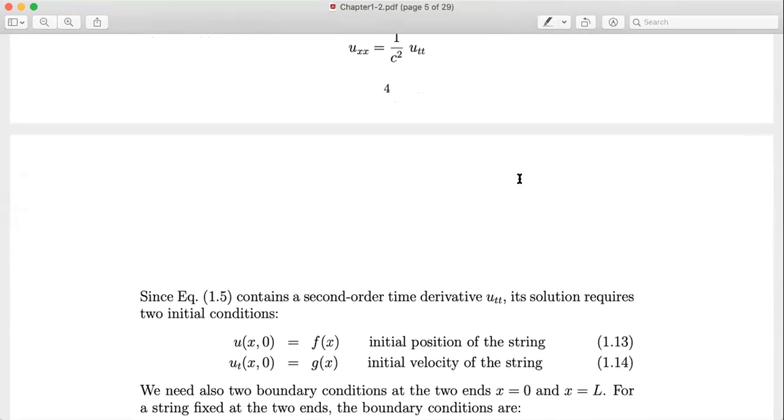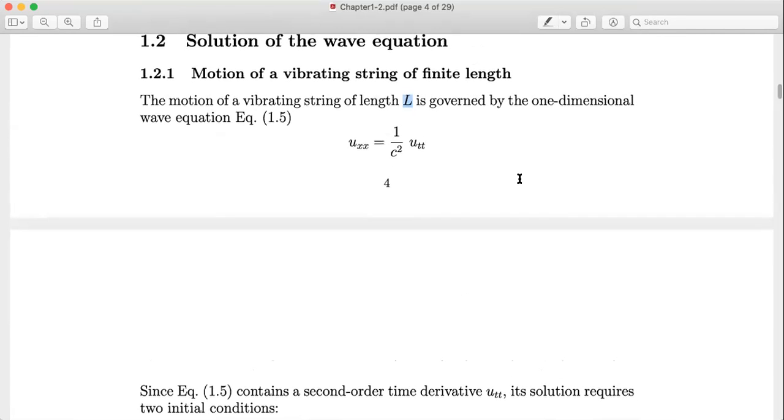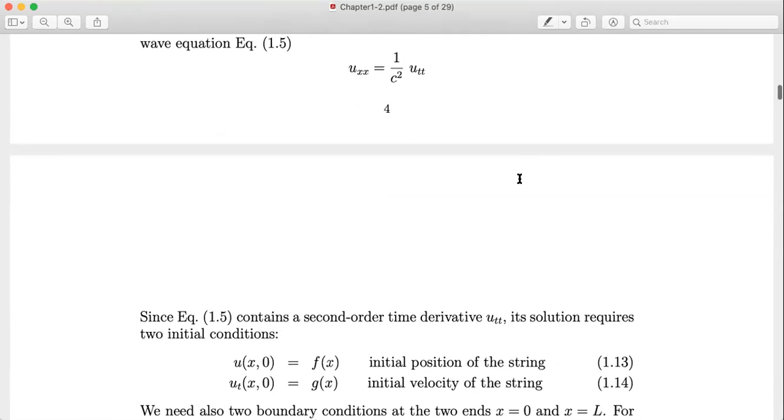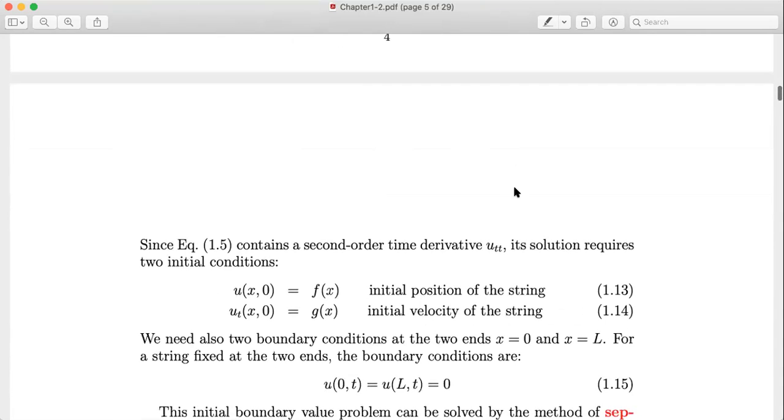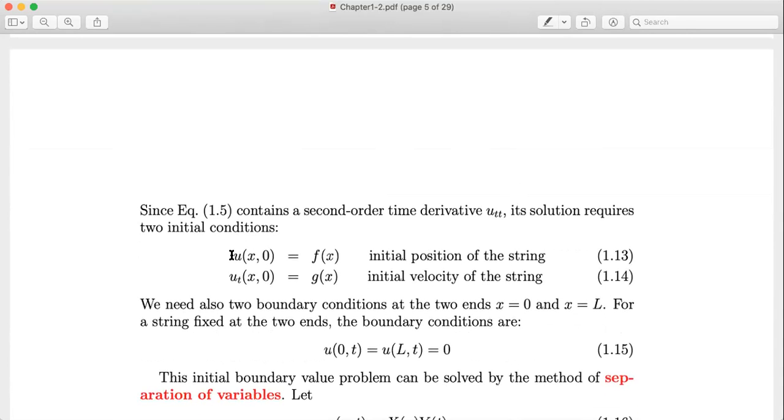To study the vibration of the string, for example, we need to know the initial conditions. In this case, we need to know the initial position, I mean the shape of the string, and also the initial velocity of different parts of the string. So we have two initial conditions. u at time t equal to 0 for every point x is a certain function f(x).